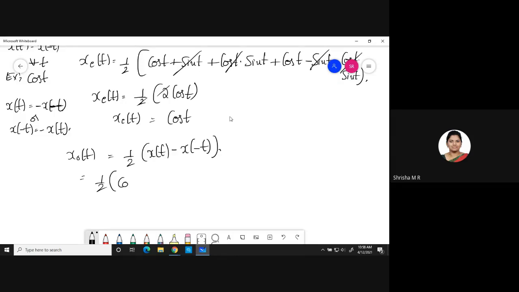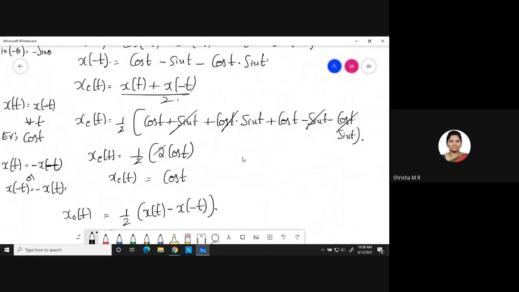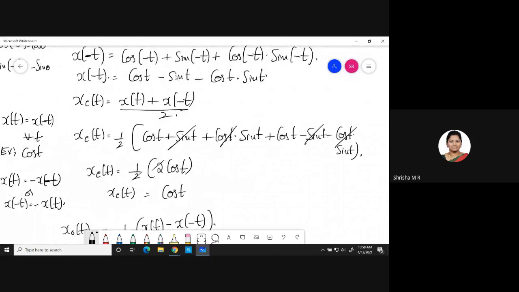So cos t plus sin t plus cos t into sin t, minus x of minus t. What is x of minus t? It's cos t minus sin t minus cos t into sin t. We have a negative sign, so cos will become negative, whereas sin t and cos t sin t will become positive.